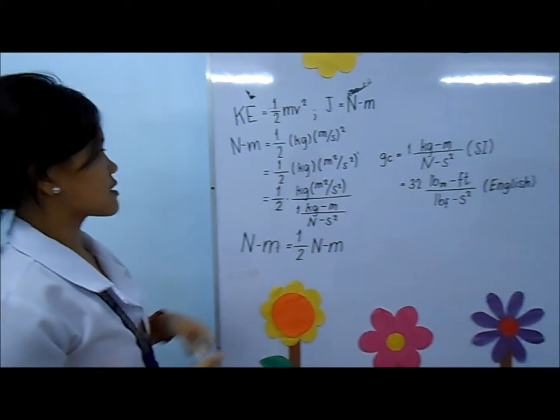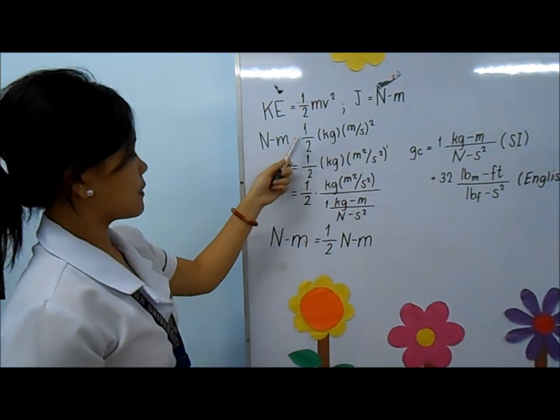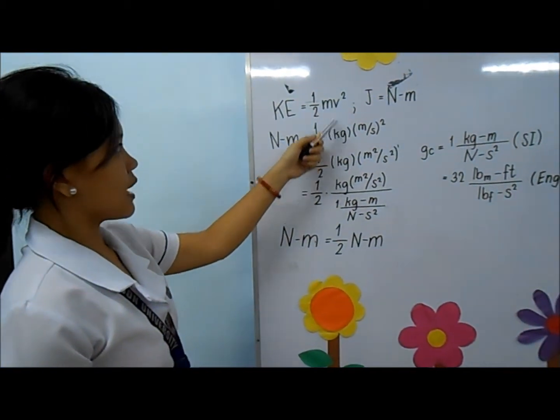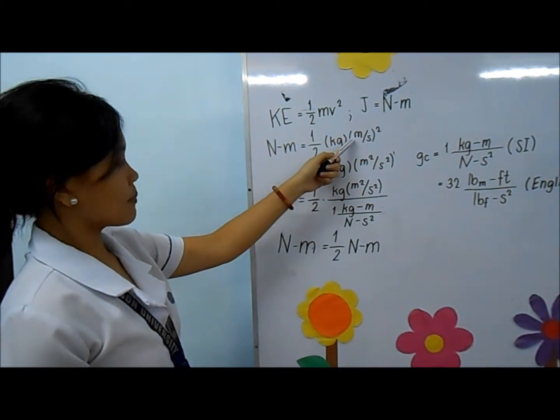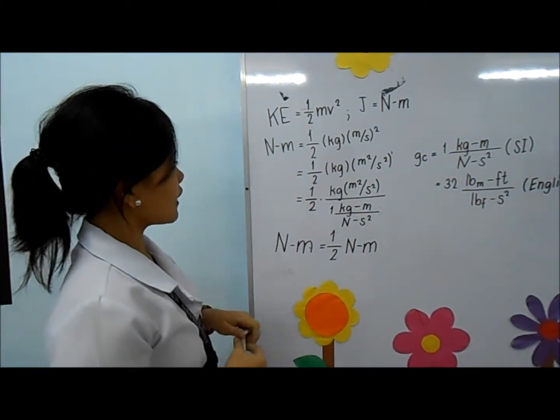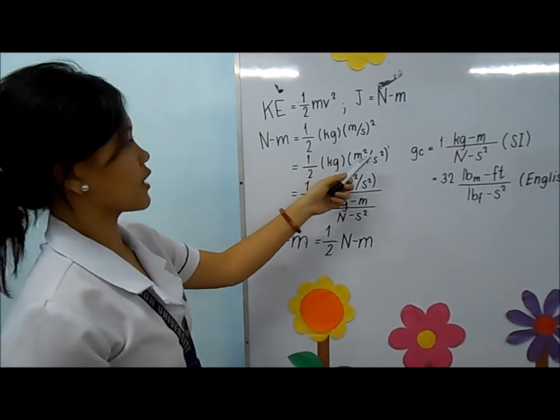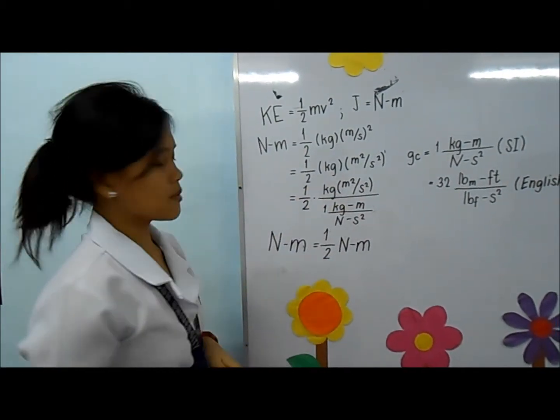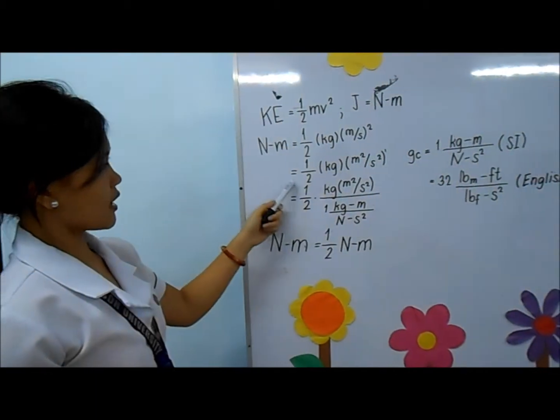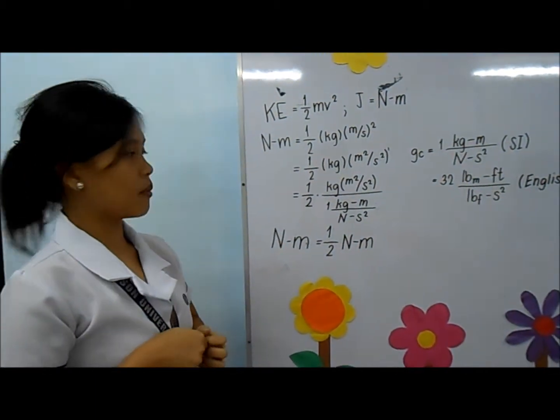Plotting the units, we have 1/2 mass in terms of kilogram, velocity in terms of meter per second. Solving it, we get 1/2 kilogram times meter squared all over second squared. As we can notice, the left side and the right side are not dimensionally homogeneous.